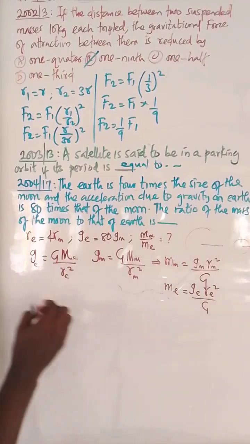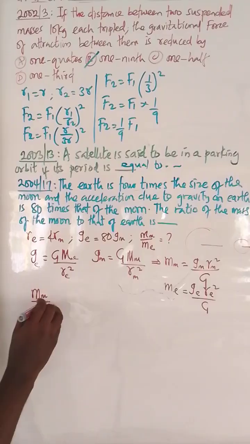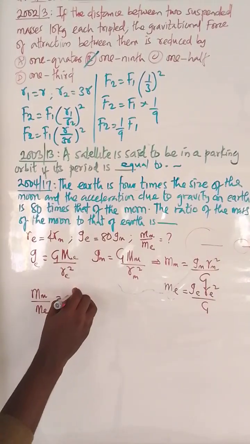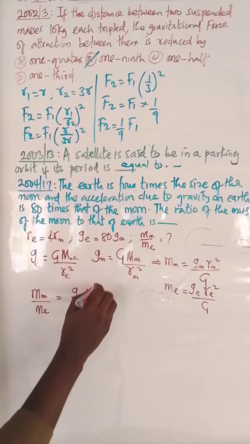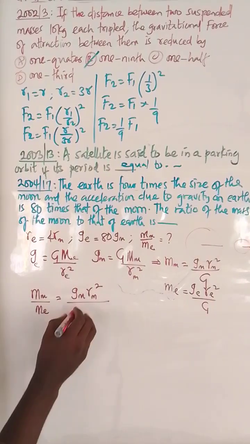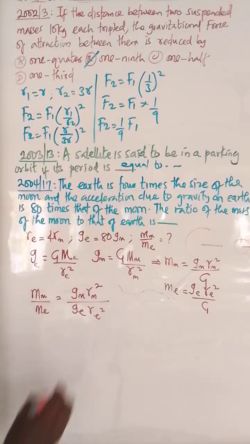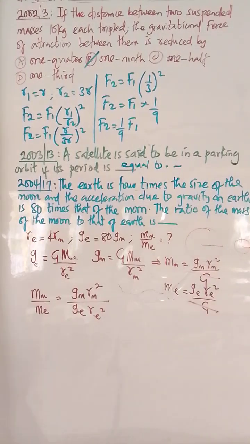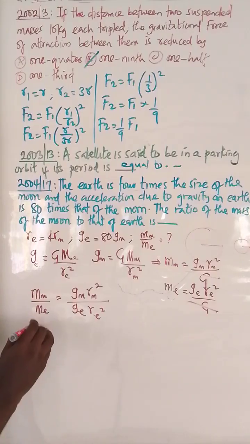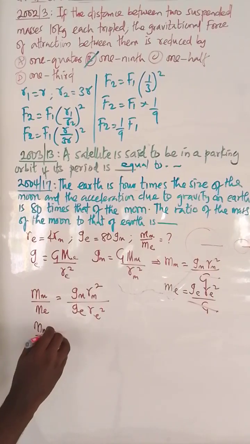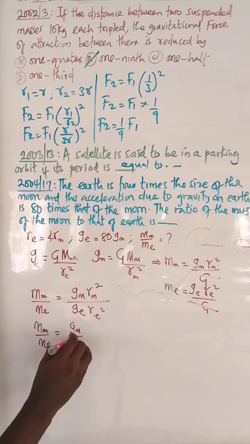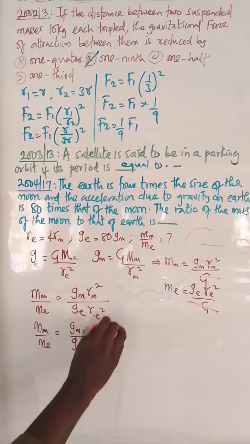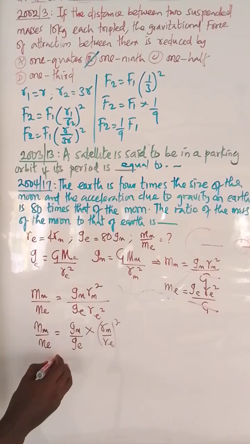So to get the ratio, the mass of Moon to mass of Earth equals, divide this by this. That's g Moon R Moon squared over g Earth R Earth squared. Why? This G and this G will cancel each other as in divide. So now let's put in the values. The mass of Moon to the mass of Earth equals g of Moon over g of Earth times R of Moon over R of Earth all squared. The square is common. So with this we can continue.